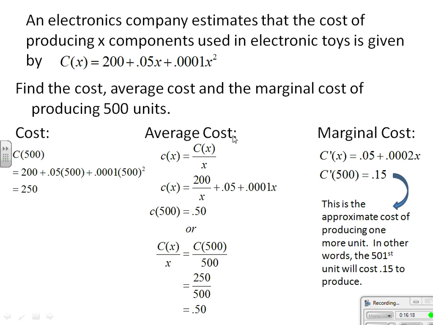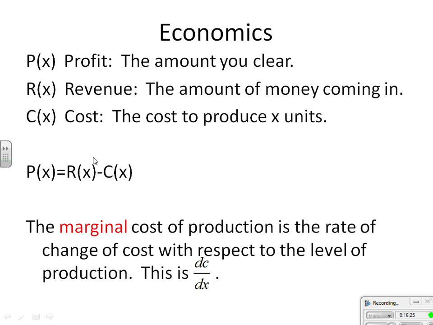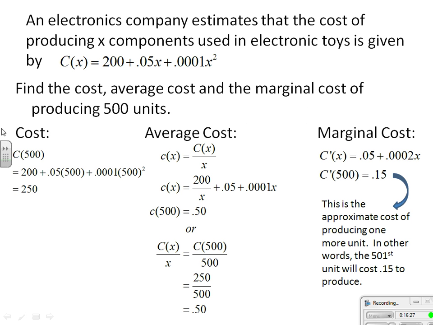The average cost basically means for one item, what does it cost? So if the total cost for all 500 items is $250, let's say, and we have 500 items, then 250 divided by 500 should give you a half or 50 cents. Okay, I did that one down here.